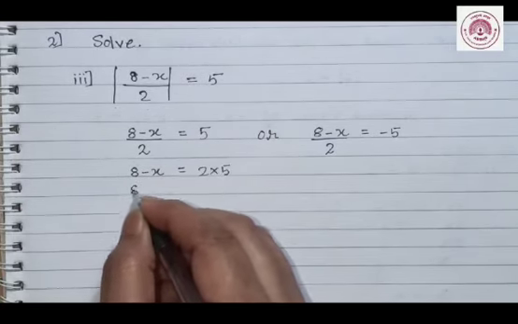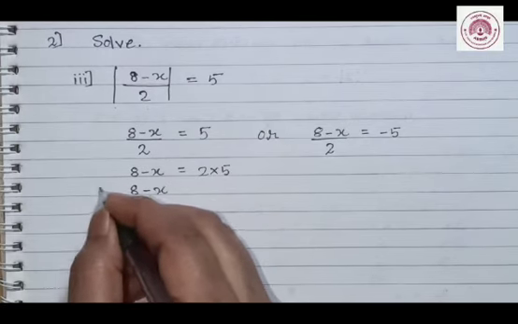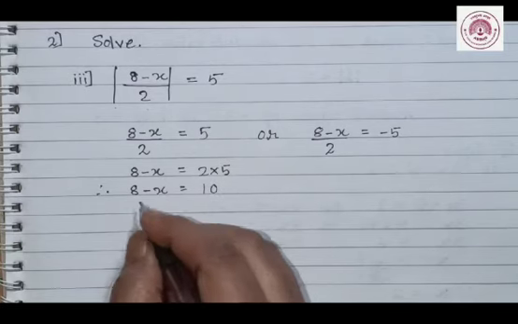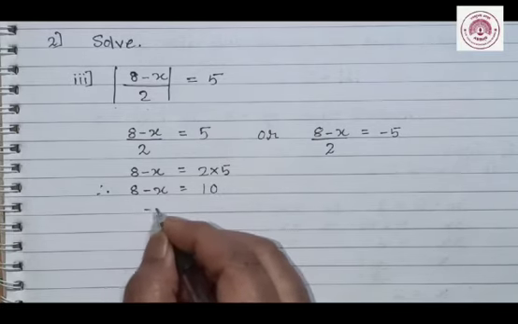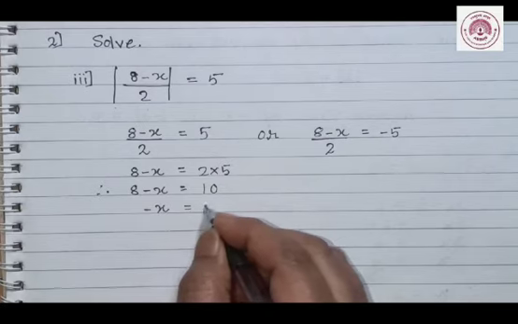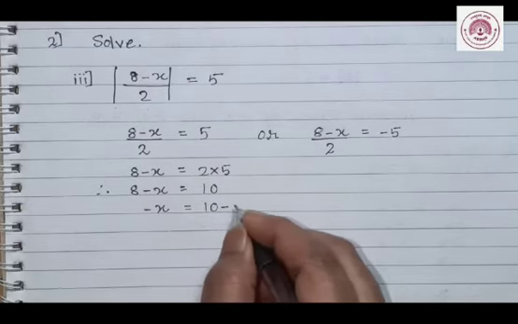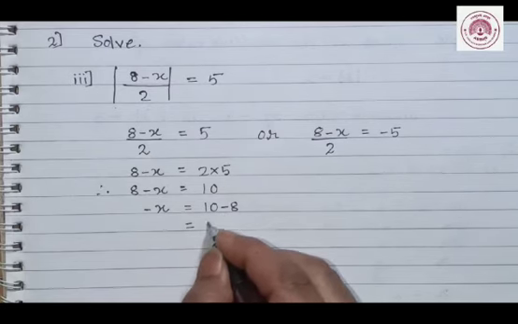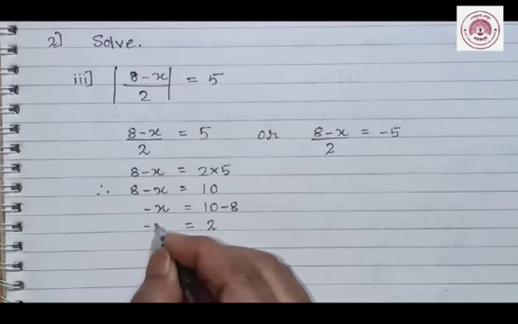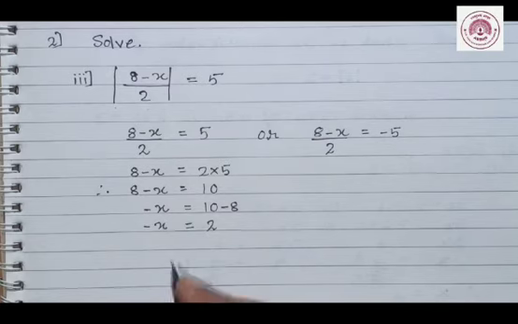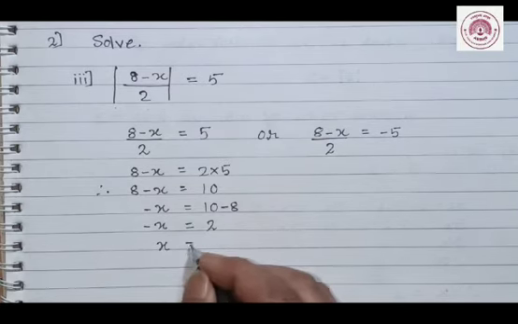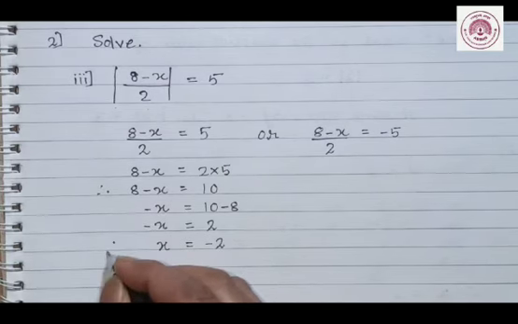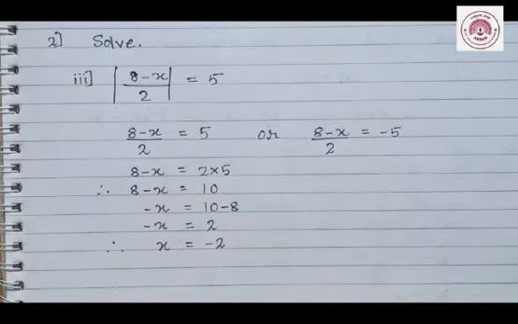So therefore 8 minus x is equal to 10. Next step, negative x is equal to 10 minus 8, which is 2. So negative x equals 2, so x is equal to negative 2. This is the first value of x.